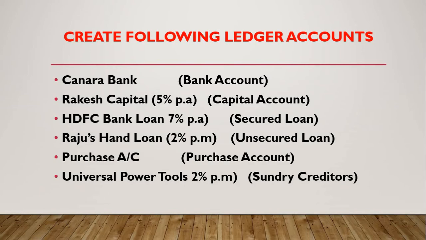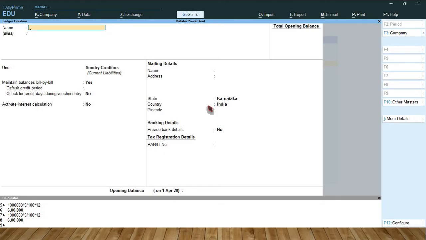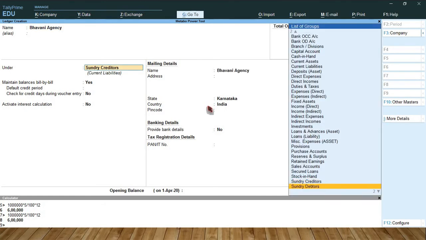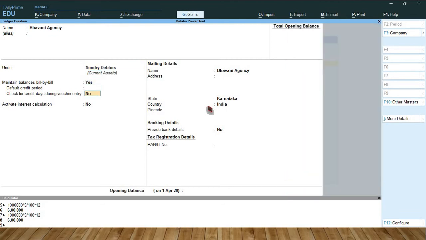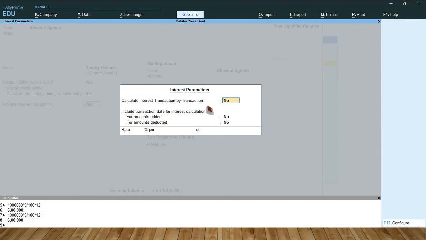Next, move to other ledgers. Bhavani Agency. Customer. Bhavani Agency, under sundry debtors. Activate interest calculation, set to yes. Calculate interest transaction by transaction, set to yes. So customer also buying weekly basis, 15 days basis, 20 days basis, or monthly basis.